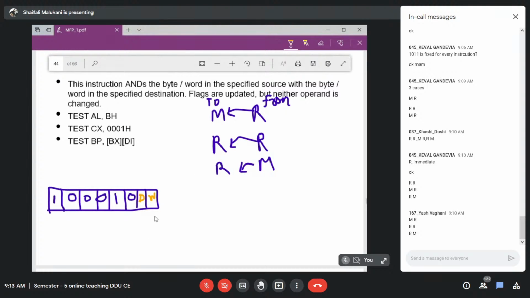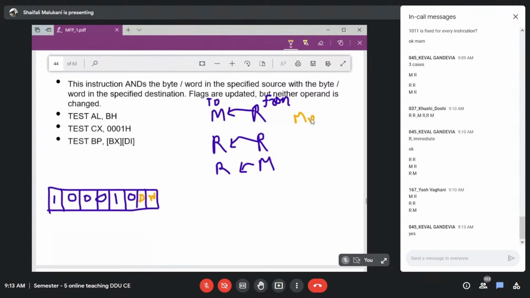Now W indicates what? Again here also there is the possibility that we are taking 8 bits or 16 bits from register to memory, and register to register. It is possible that you have an instruction like MOV AL, BL, or you can have an instruction like AX, BX. Or in that way also you can go for the memory.